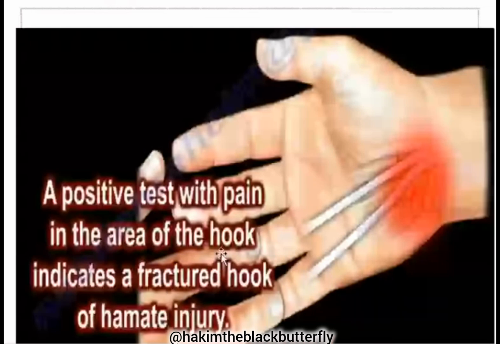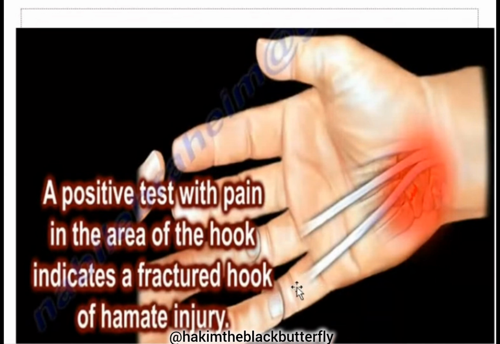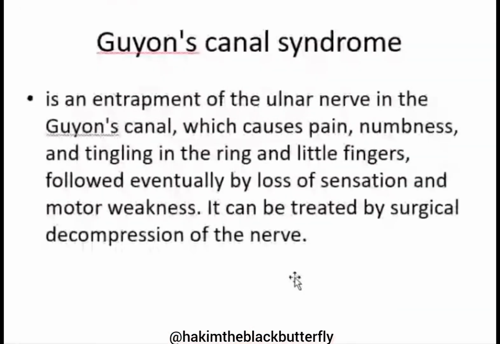So you're going to sense pain on the medial aspect of the wrist. And because the ulnar nerve is supplying these two fingers, you're going to have numbness, loss of sensations, weakness in the muscles because the nerve is being compressed, and tingling, as though you're having pin pricks.